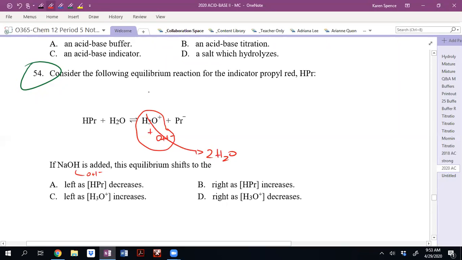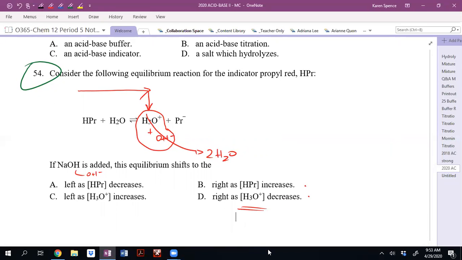So our H3O plus concentration is decreasing, which means that our equilibrium is going to shift to the right. And if it's shifting to the right, well, certainly HPR is not increasing. It's going to shift to the right because H3O plus decreases.